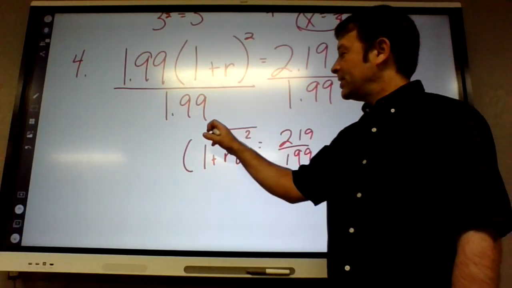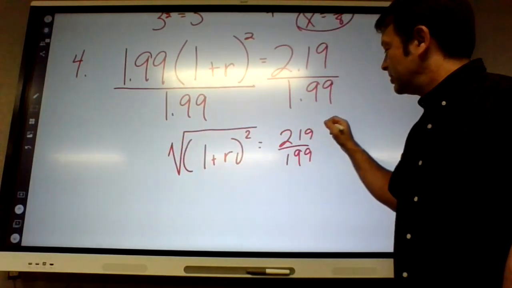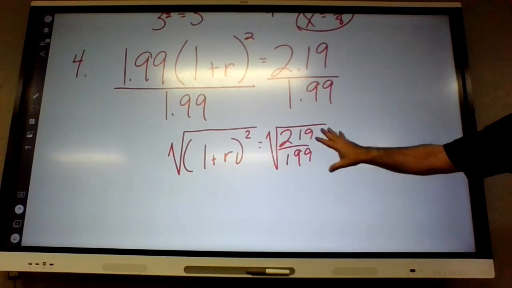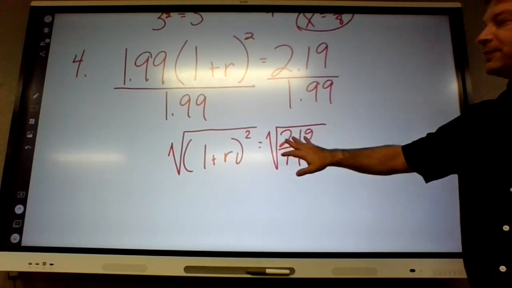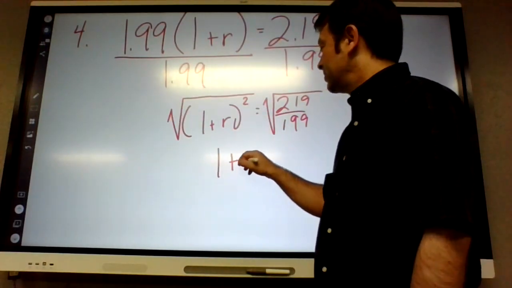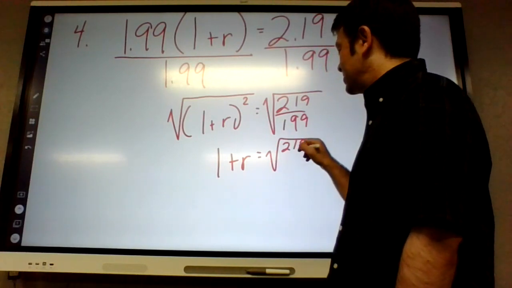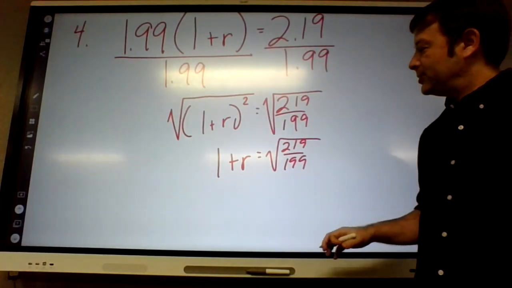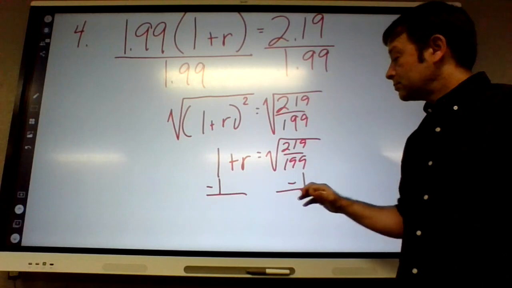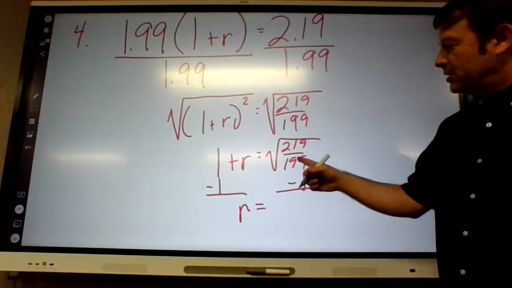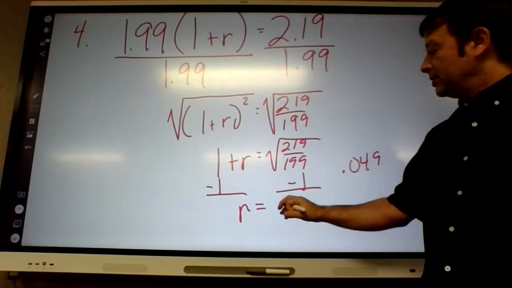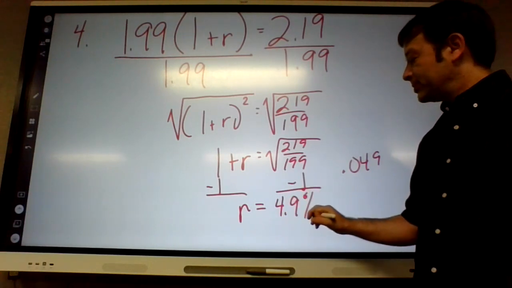Since the whole left side is squared, we can clean that up by square rooting. Technically, this answer should be plus or minus over here, but a negative answer isn't going to make sense here, so you don't have to do that. Okay, this is some weird decimal. I'm just kind of leaving it alone now. But what would our last step be? Subtract one. Minus 1. Solve for r. And 4.9%. So you got like 0.049, which translates to about 4.9%.